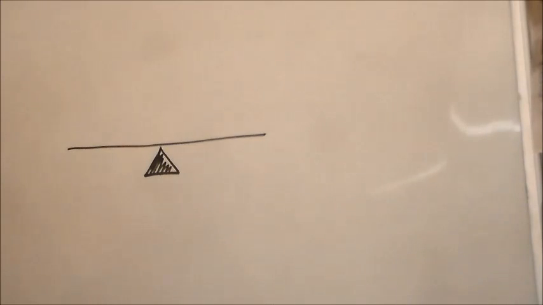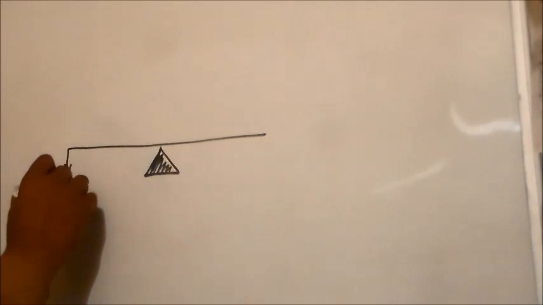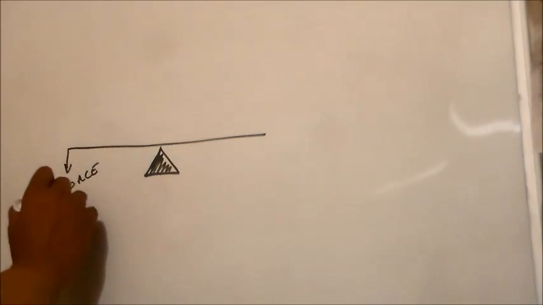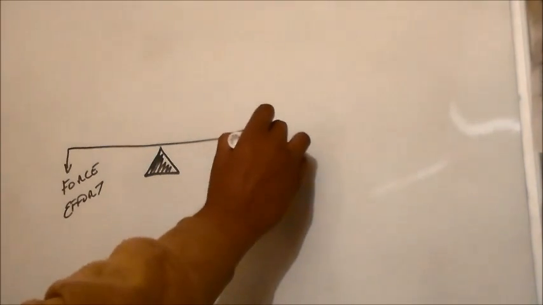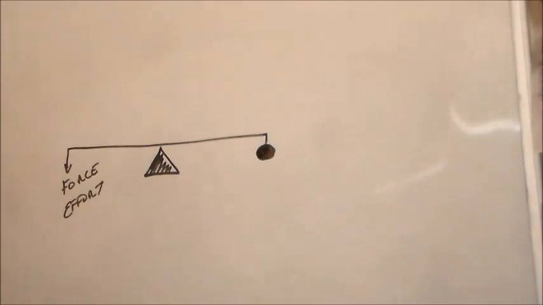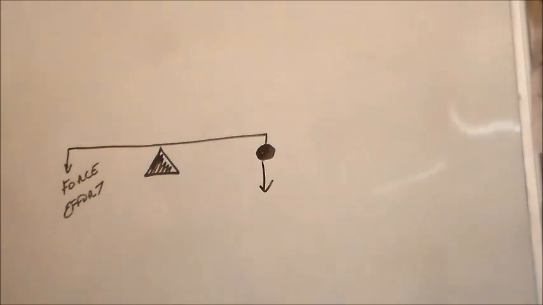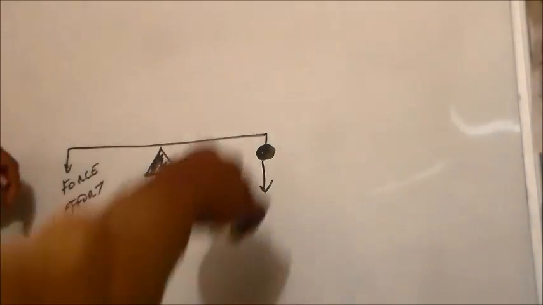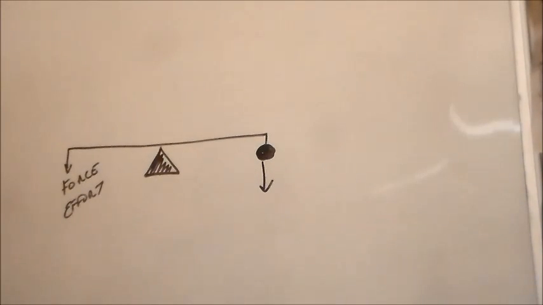One vector represents the force or effort that we had to apply, and on this end, let's say that's just a bowling ball, we have a load that is going with gravity. In order to keep this thing balanced, both of these forces counterbalance each other, going downward.